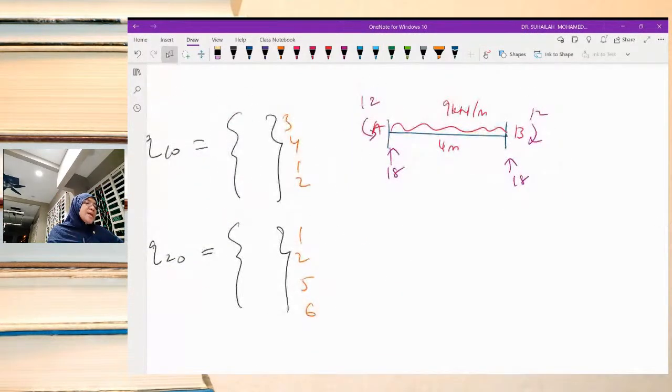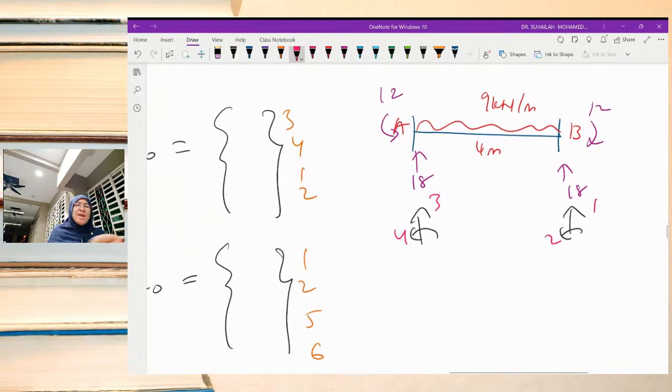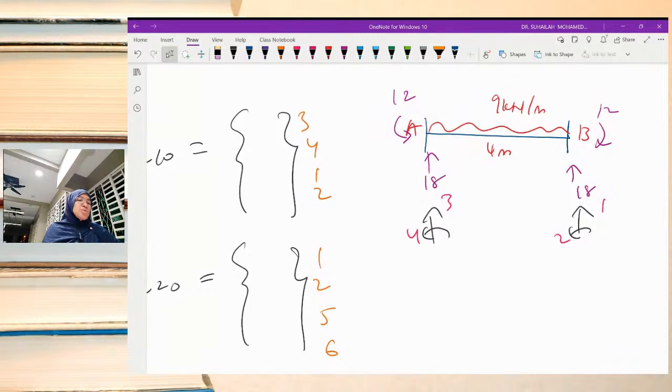Just like what we have done previously, we label this 3412 and transform into the matrix. So 3 is 18, 4 is 12, 1 is 18, and 2 is negative 12.